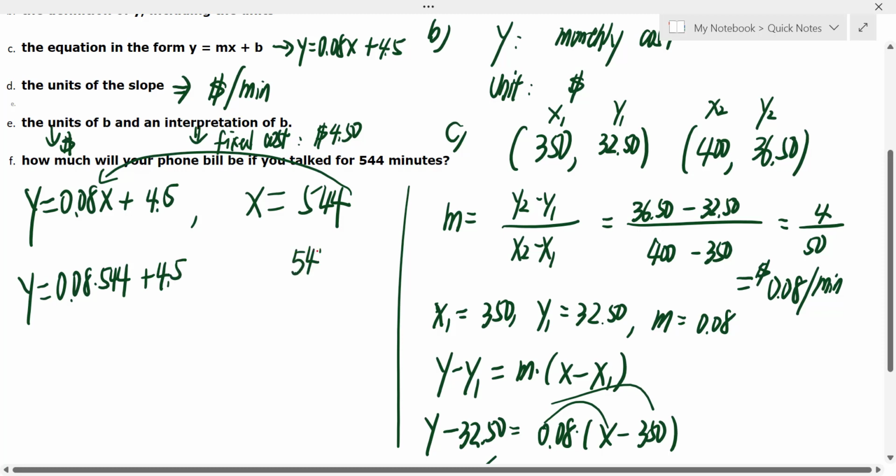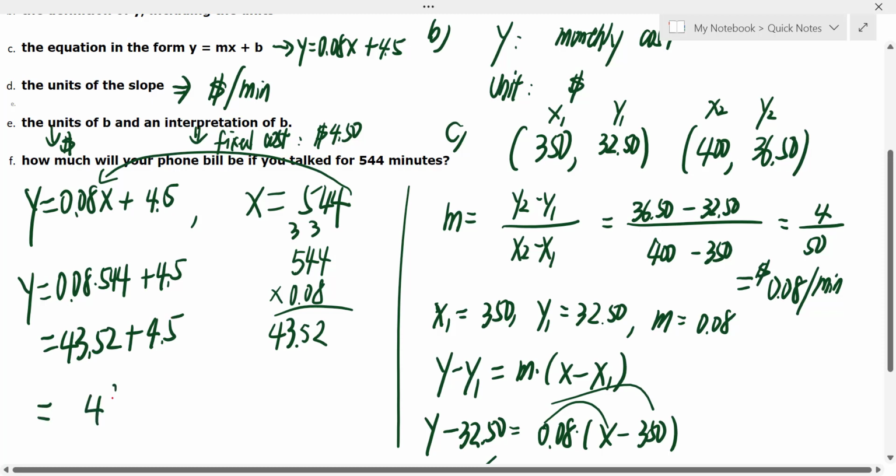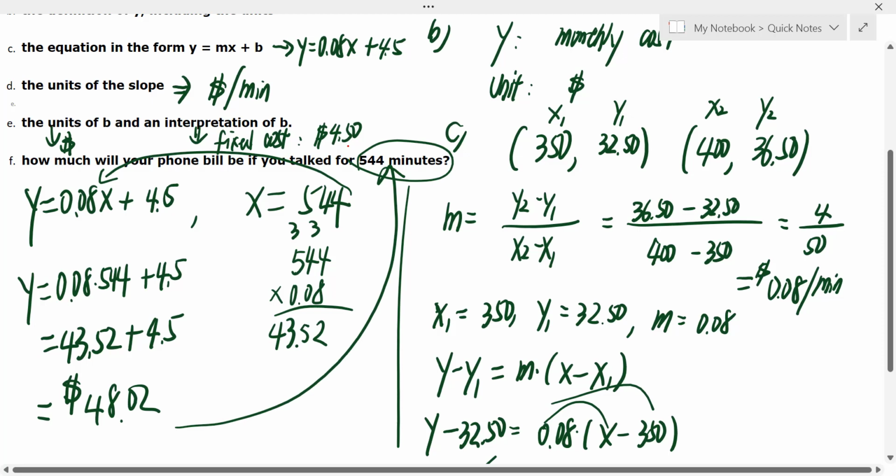So 544 times 0.08: 4 times 4 is 16... carrying down the two decimals, it's $43.52 adding $4.50, and this turned out to be $48.02. So this is the phone bill for talking 544 minutes.